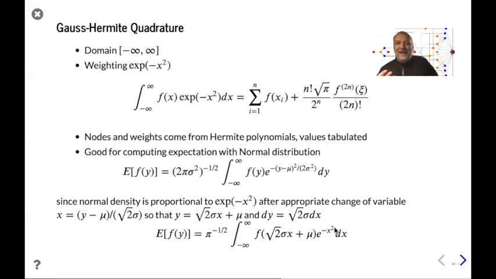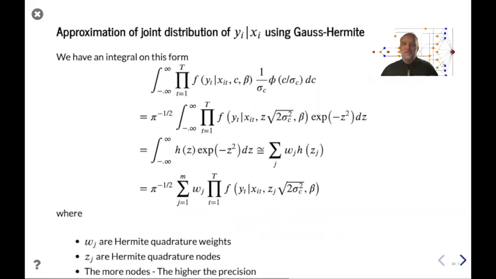This is exactly the integral we have in mind: a function of x times the exponential of minus x squared dx. So all we have to do is approximate this with quadrature. We have function values at the quadrature points times the weights, and then sums of all the different elements. That's essentially what we're doing.